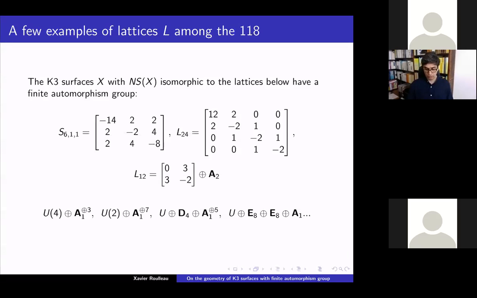If we have time, we will study these examples more accurately, not the last one. The last one is here because it has rank 19, which is the largest rank for a Néron-Severi group of a K3 with finite automorphism group.